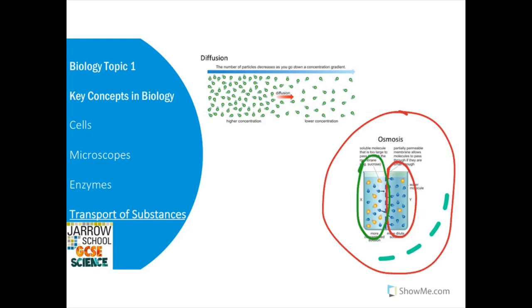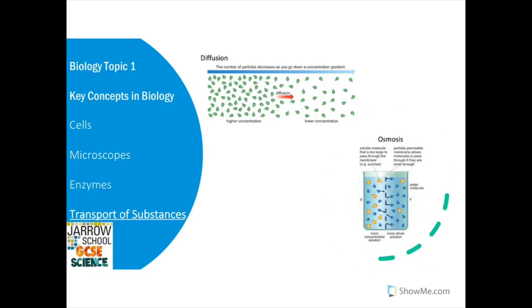I should say as well that osmosis has to take place over what's called a semi-permeable membrane, which means that some things can get through the membrane but other things can't. But water is quite a small molecule, so water can usually pass through membranes with small holes in them.